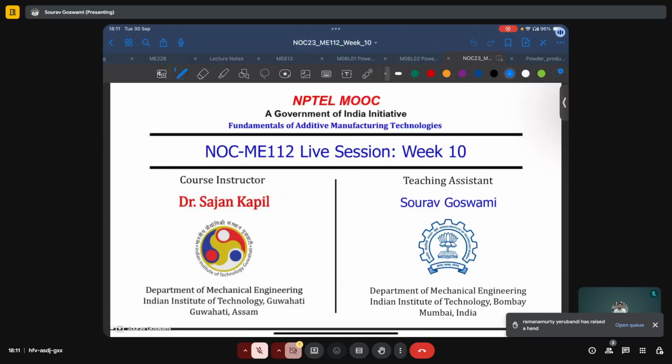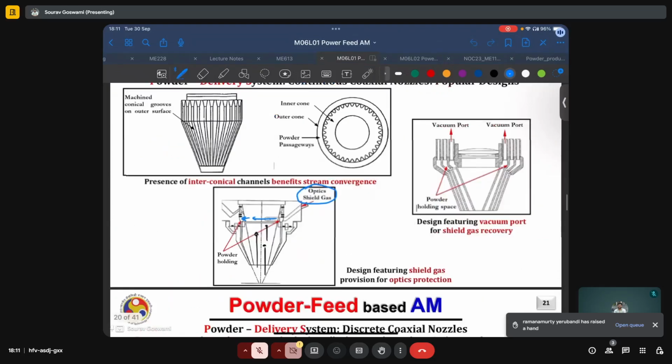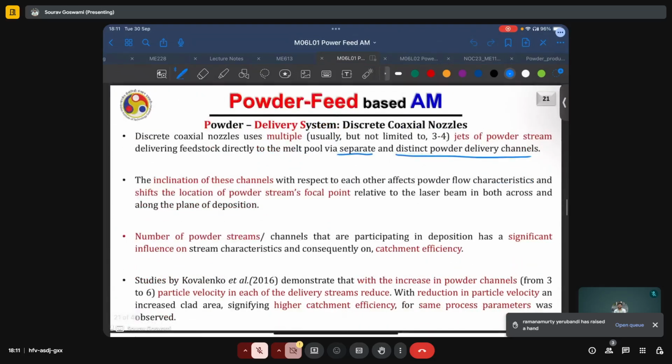This week we'll be looking at powder feed AM processes, something we already started last week and got up to a point. I think it was where we were discussing the various types of nozzle designs which may permit a combination of laser and powder interaction.